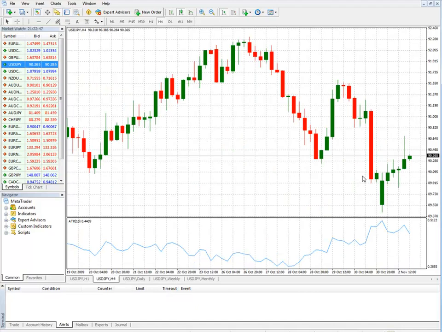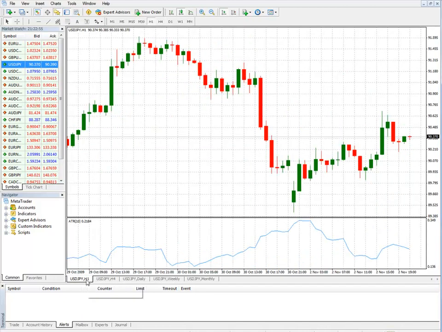Okay, let's see, 4 hour. Again, just shows you have to be selective. Mm, 1 hour. The 1 hour is still in a breakout of this particular inside bar, the low of that inside bar.